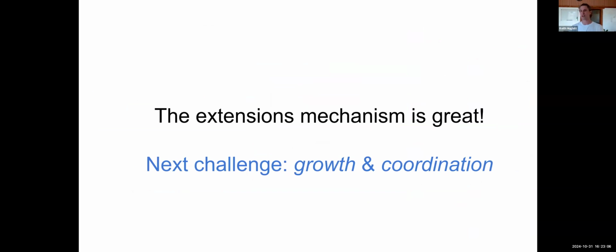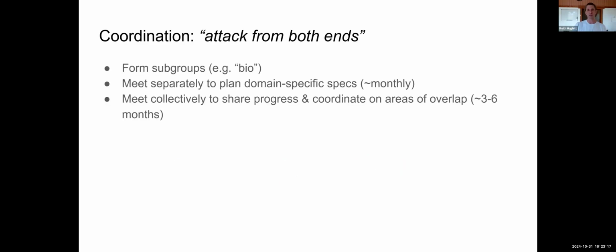It's this idea I talked about of attacking things from both ends: supporting the individual efforts to come up with specific standards and then occasionally meeting to discuss. So form subgroups. Phil, you and I should get together and start thinking about the bio stuff, and anyone else involved. The domain-specific groups could meet on some frequency to coordinate and plan things.